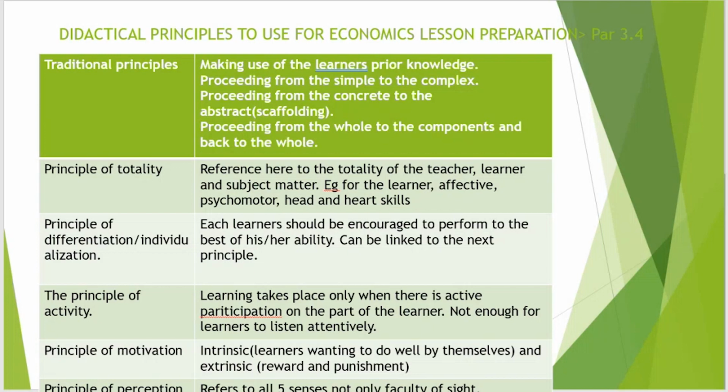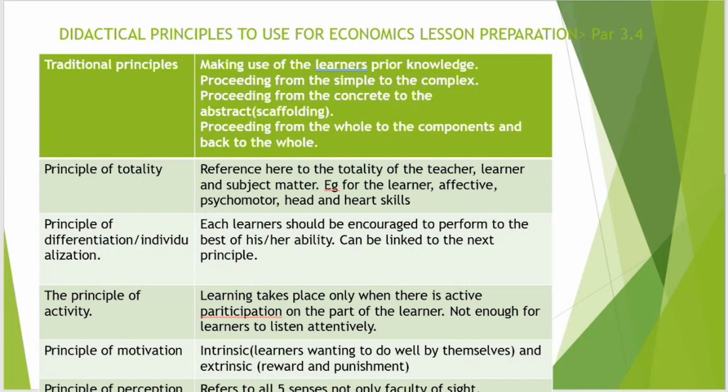A very important principle for teacher, for learner-centered learning, is the principle of activity, where the learners are actively involved in their learning. And then the principle of motivation. Intrinsic motivation, learners want to do well by themselves.